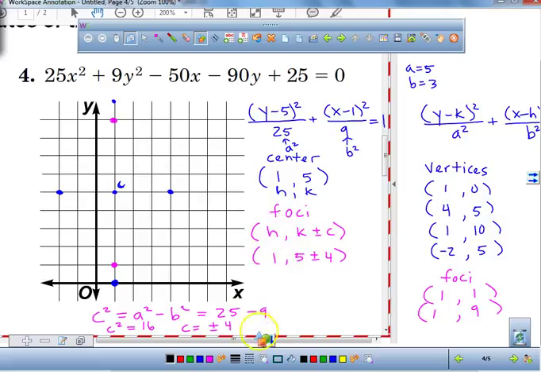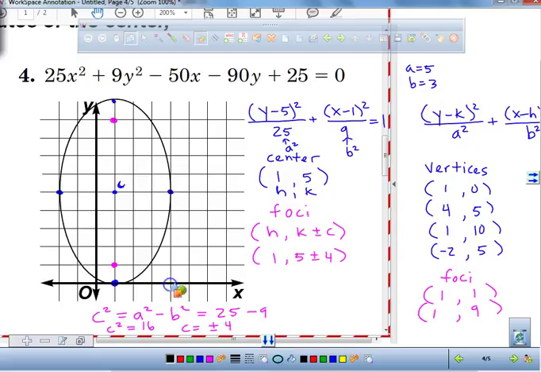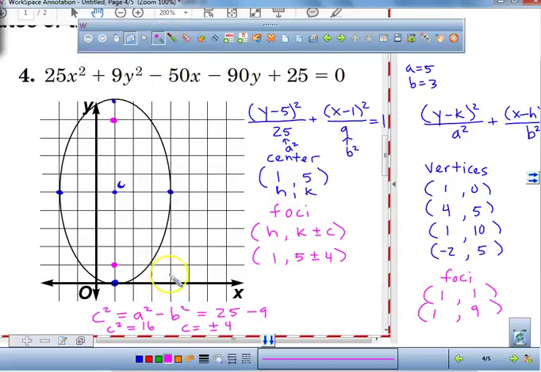And then you're going to draw your ellipse to the best of your ability, just section by section, unless you have this tool right here. There you go. Make sure your ellipse, what am I looking for in your drawing? Make sure it passes through the 4 vertices.